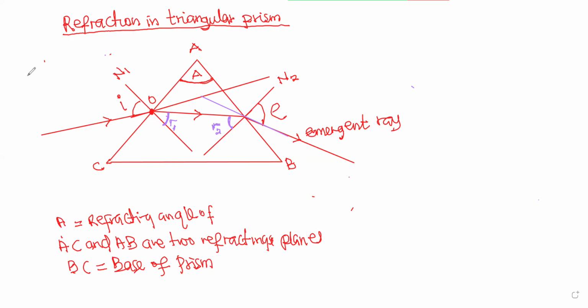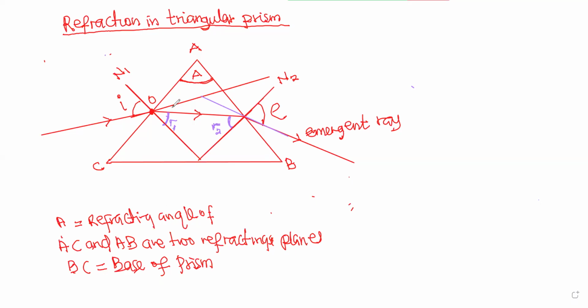Let's combine the two normals to intersect. So when we extend this and then the second normal, they will all intersect here. We'll use this for a very important analysis.